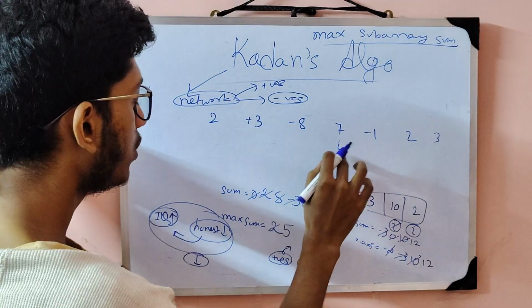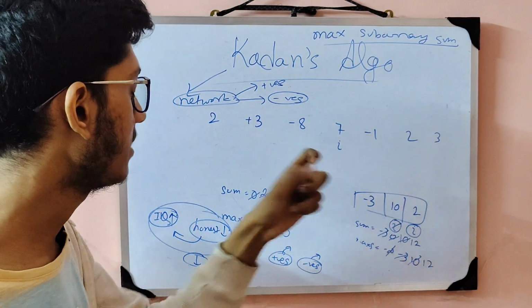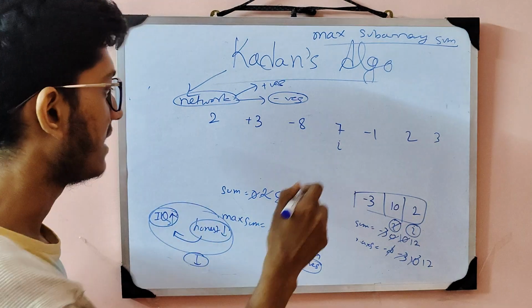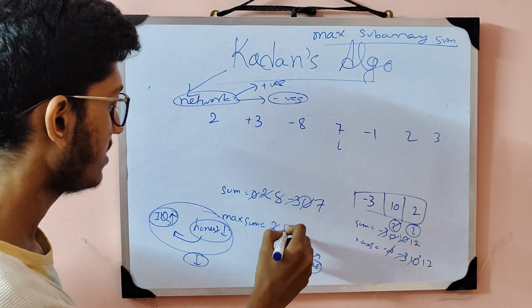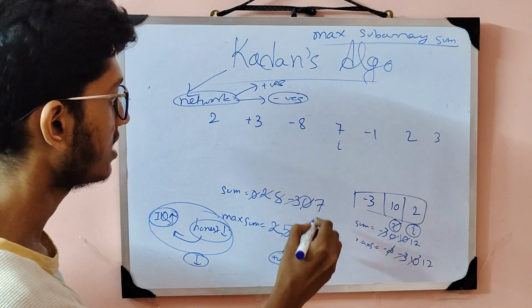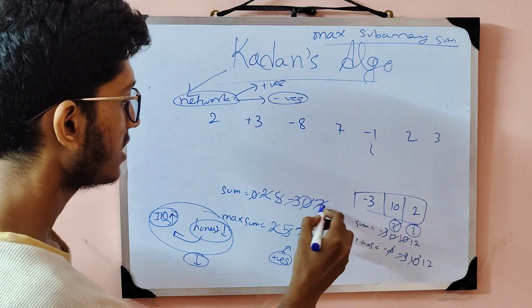And when we come to this part, let's check that. Now my sum is 7. 7 is greater than 5. Yeah, 7 is greater than 5. When I come here, minus 1. 7 minus 1 is 6.